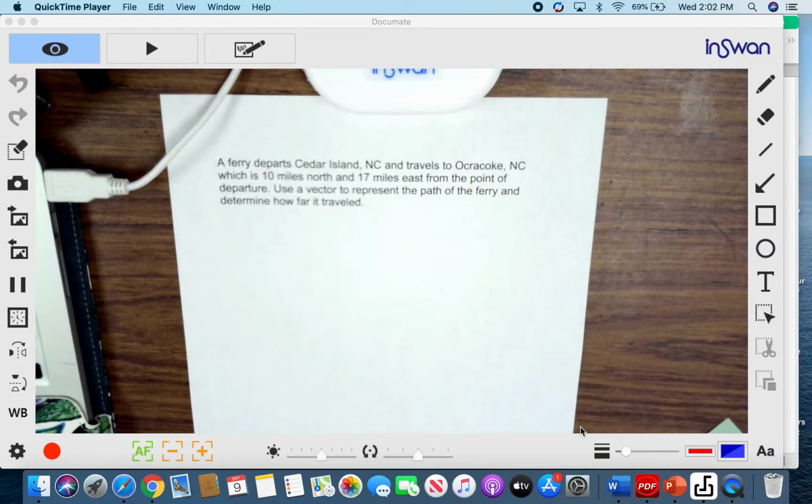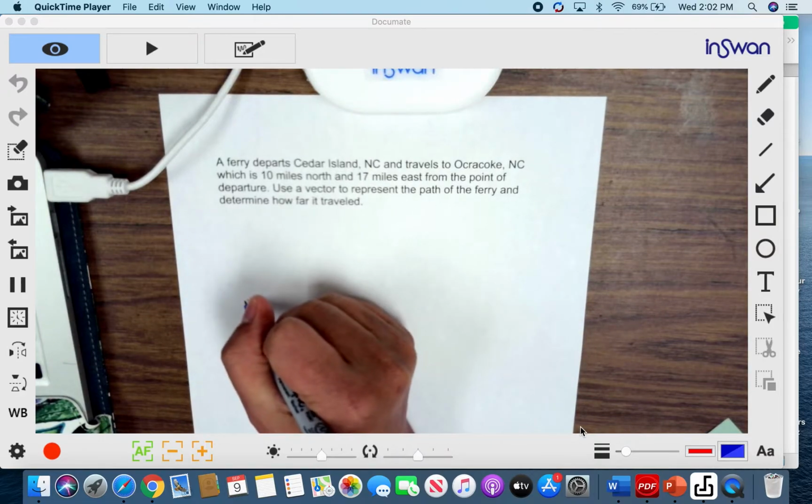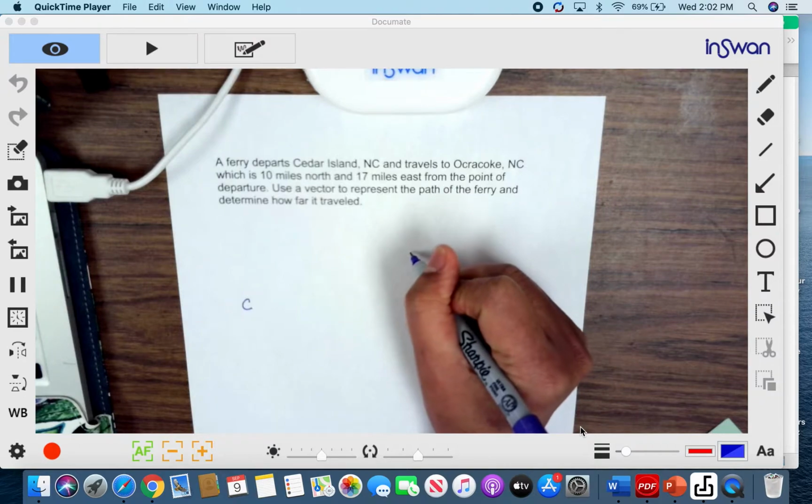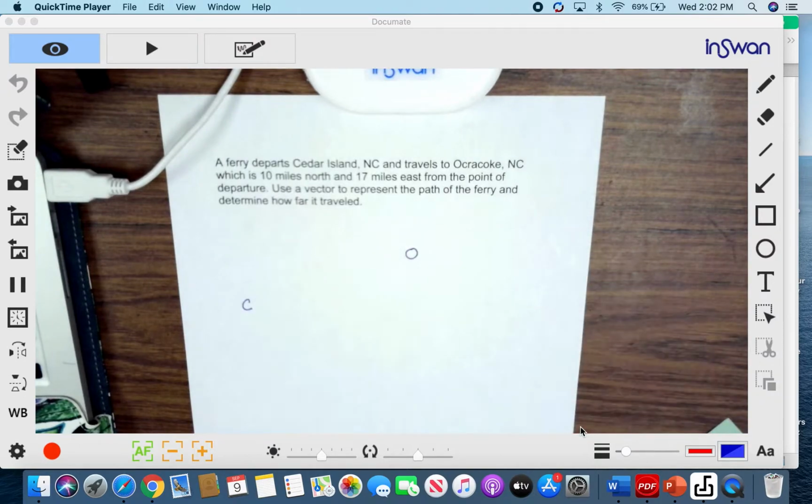So the first thing we do is to draw the problem, because then we can visualize how it looks. So there is a ferry coming from Cedar Island, and it aimed to travel to Ocracoke.